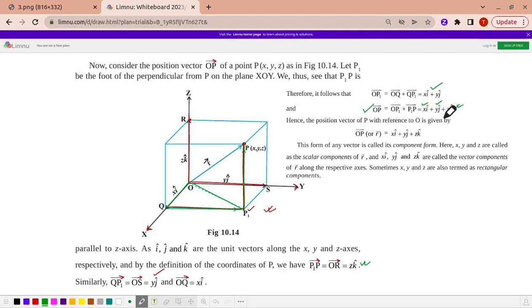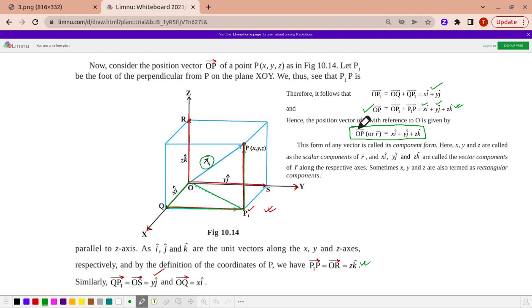So we get the vector OP, and if we represent that vector OP as vector R, we get that vector R is equal to xi cap plus yj cap plus zk cap. This form of any vector is called its component form.